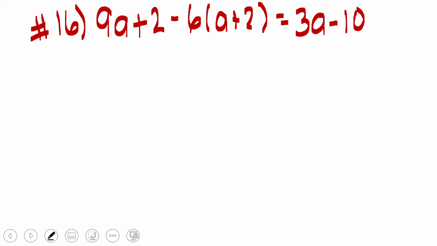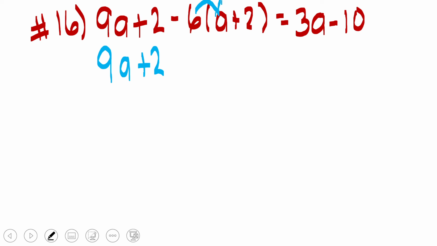Let's simplify everything we can on the left side of the equal sign first. So we're going to start with our GEMS grouping, which is the negative 6 times a and negative 6 times 2 in the distributive property, because in GEMS we work with parentheses first. So we'll rewrite everything else up to that point.